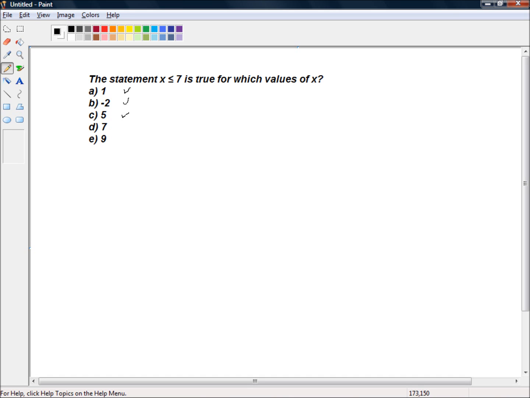Now 7 is equal to 7, so again that satisfies the statement. 9 is greater than 7, so that does not satisfy it. So our answers are x is equal to 1, negative 2, 5 and 7, all of which will satisfy the statement x is less than or equal to 7.